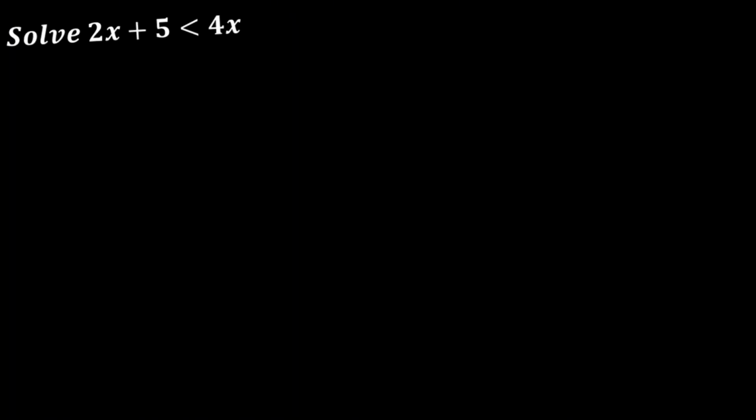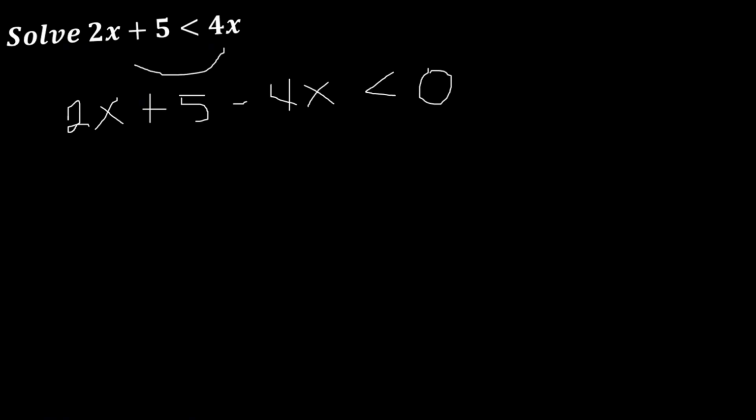The next question, you're asked to solve for x in this inequality. Bring everything to one side. We are going to have 2x plus 5 minus 4x less than 0. We have minus 2x plus 5 less than 0.